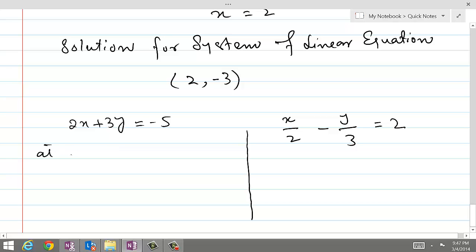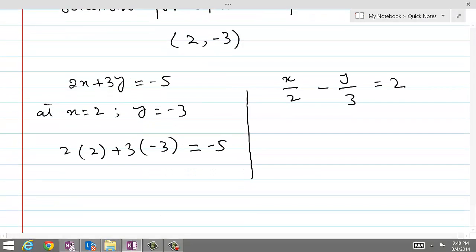At x equal to 2 and y equal to minus 3, 2 times x, which is 2, plus 3 times y, which is minus 3, must be equal to minus 5. Let's see. This is 4, this is minus 9, equal to minus 5. Minus 5 is equal to minus 5. This sentence is true.